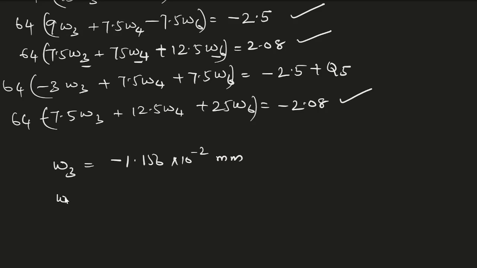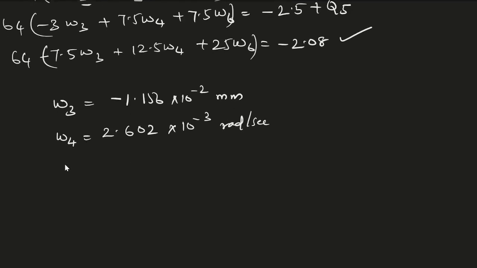And W4 is equal to 2.602 into 10 power minus 3, and this W4 is the slope, radian. And W6, again we were finding W6, it is minus 6.072 into 10 power minus 3 radian. Okay, it's not radian per second, it is radian, sorry.